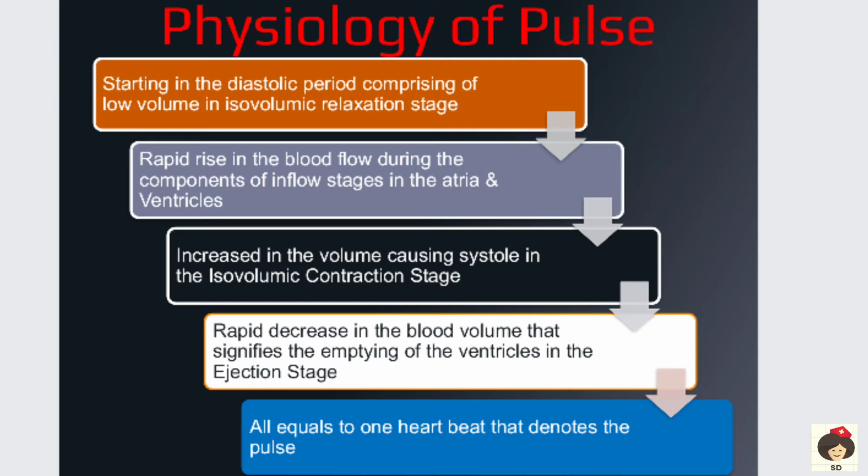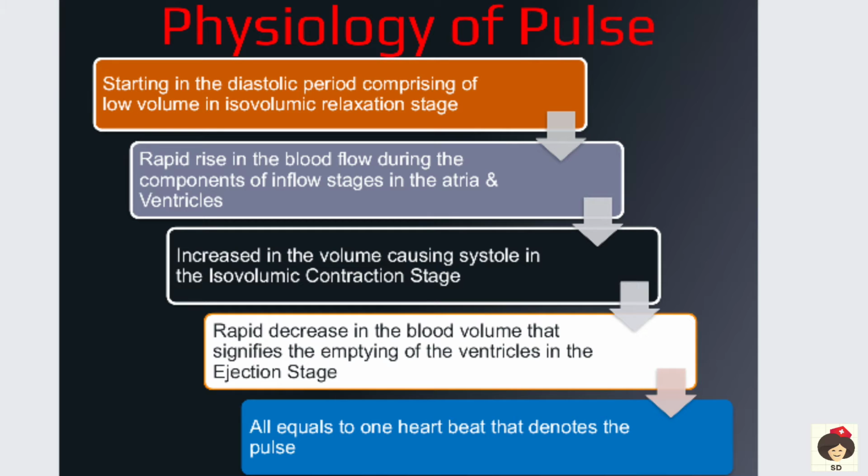Once the ventricles are filled, the increased blood volume will cause the contraction of the ventricles. When they start the contraction, there will be ejection of blood, that is the blood from the ventricles will go to the arteries, the pulmonary arteries or the aorta.